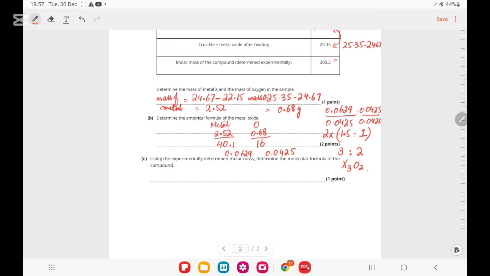Now we are given the molecular mass of the compound, that is 305.2, and the empirical formula, X3O2, and we know the formula: n is equal to molecular formula mass divided by empirical formula mass.